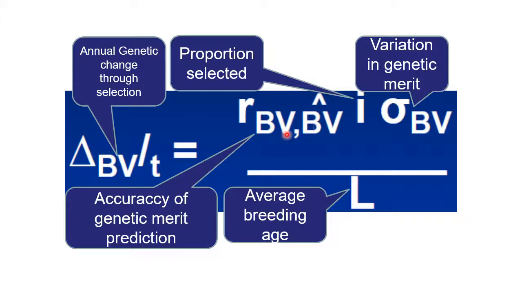So basically that's above the line in the key equation, and you want these elements above the line to be as large as possible. This is divided by the average breeding age, or the average age of a breeding animal, also called the generation interval, and you want the generation interval to be as short as possible.